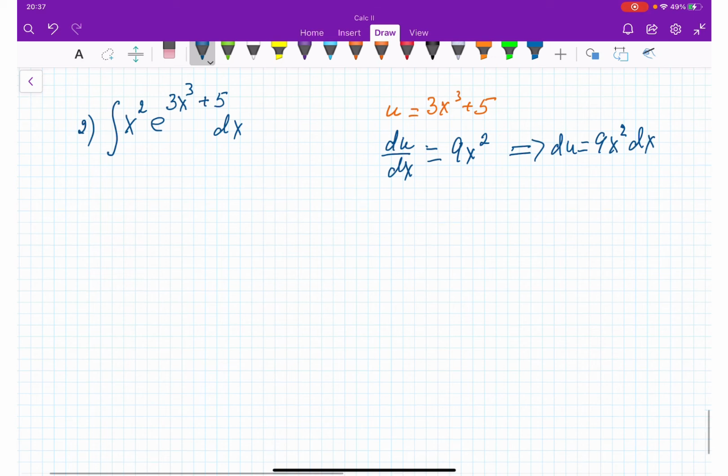All right, what is interesting here, look, I have 9x squared dx, and here also I have x squared and dx. So I need to add this 9. Very easy.